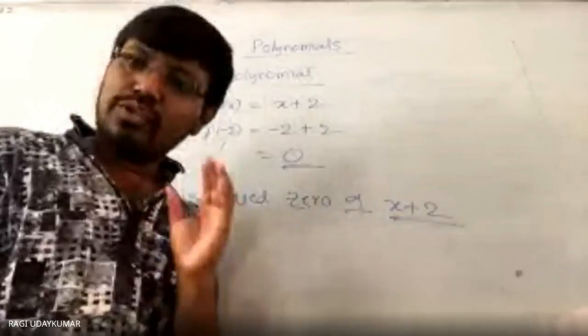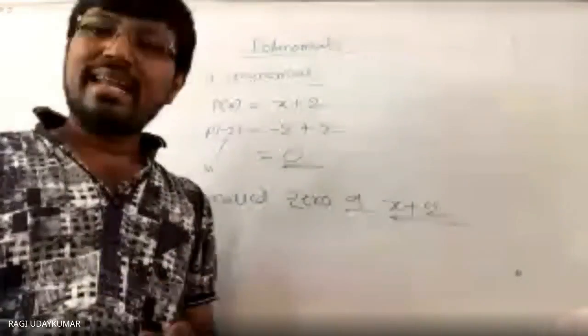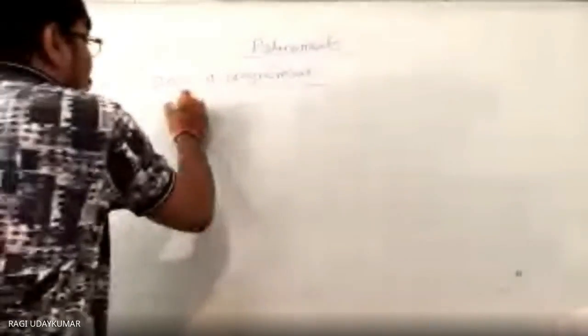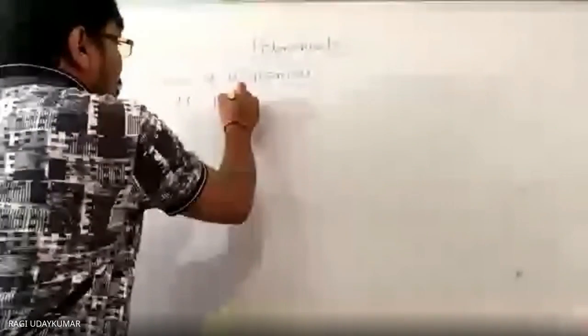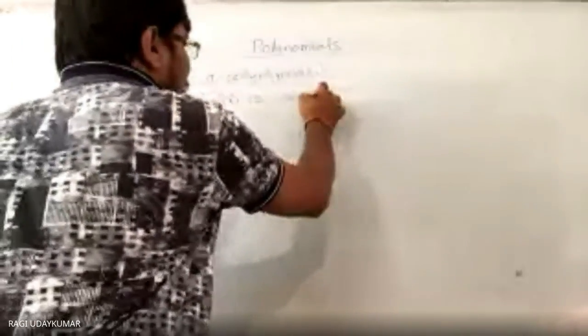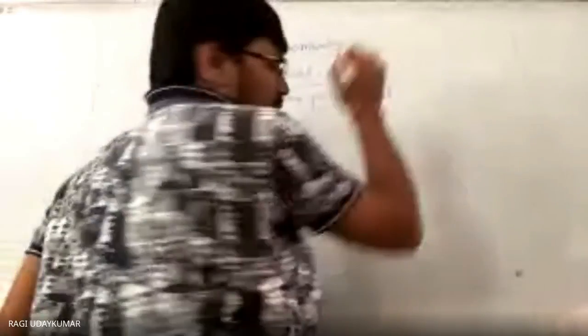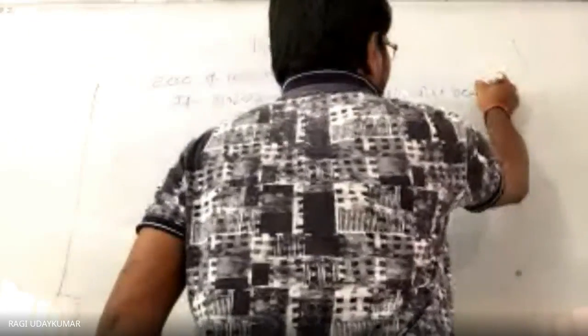That number is called the 0 of the polynomial. Okay, so the definition, I'll write the definition. P of x is any polynomial and a is a real number.